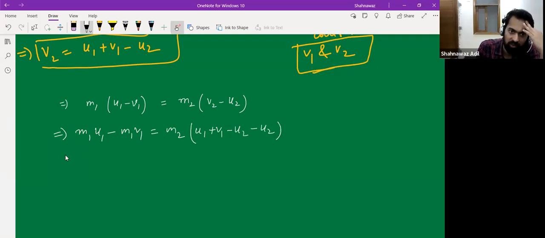Right, so this will become m1 u1 minus m1 v1 is m2 u1 plus m2 v1 minus 2 m2 u2. And remember, what is our goal? We have to find v1 and v2.